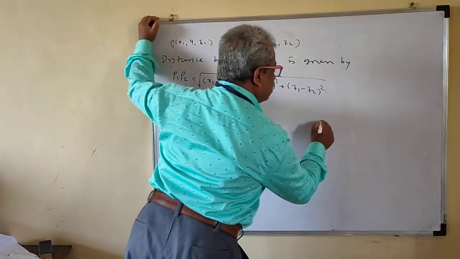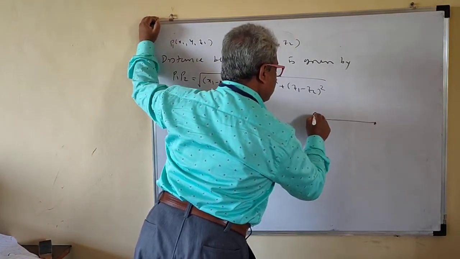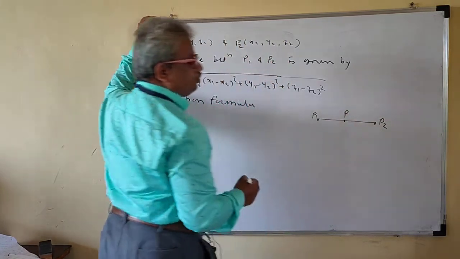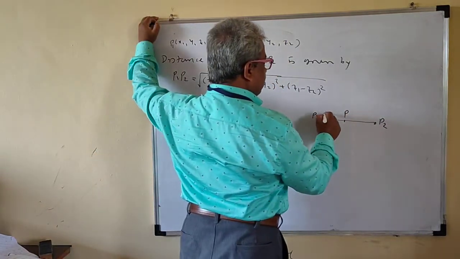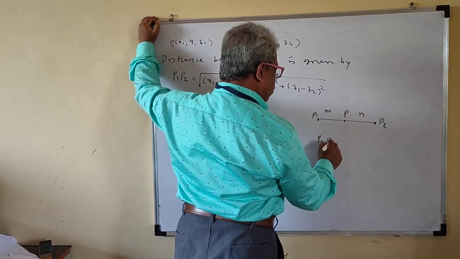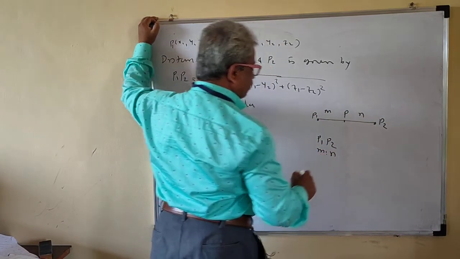So suppose this is your P1, this is your P2, and suppose this point is P. We divide in the ratio m is to n. That means P1P to P2P is m is to n.